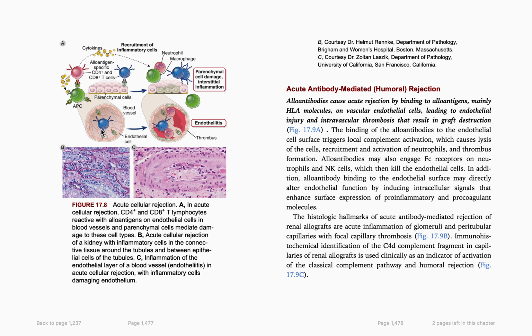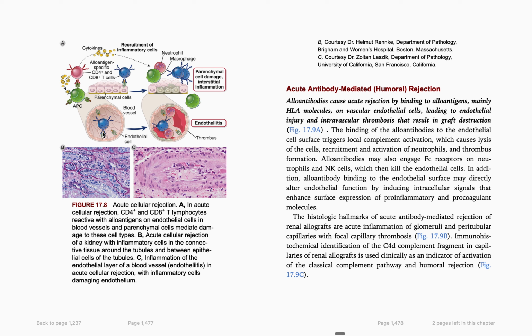So if we look at here, you have a lot of macrophages. So A, you see there are endothelial cells, but they are antigen presenting cells here, and they are being activated by these T cells, because these are the cells that are responsible.